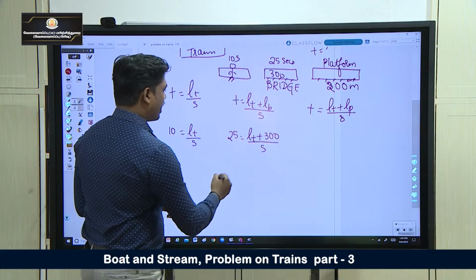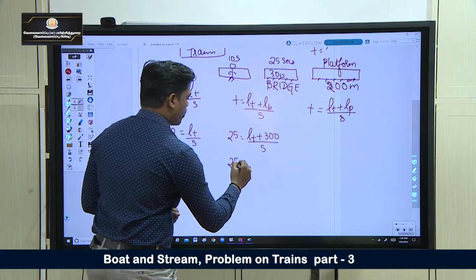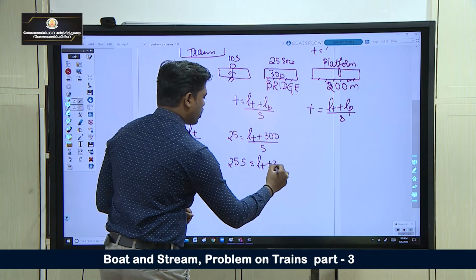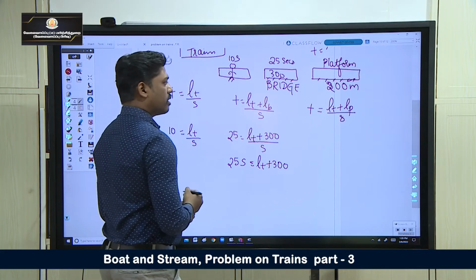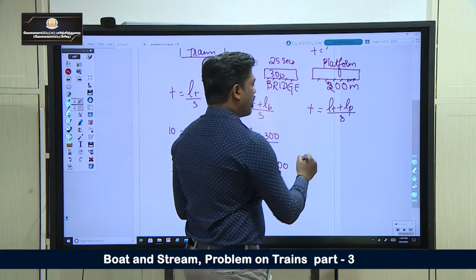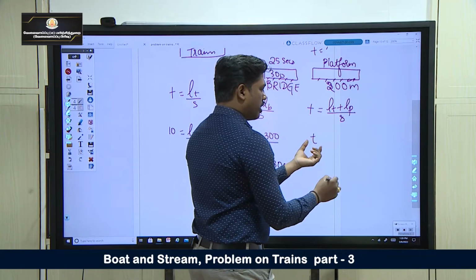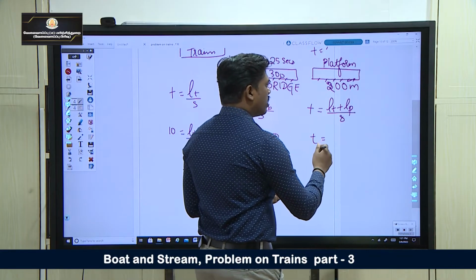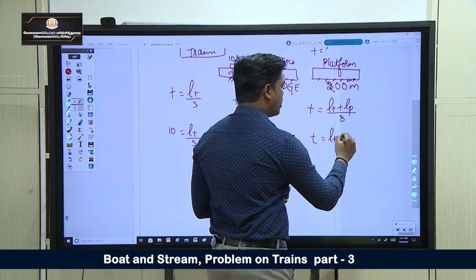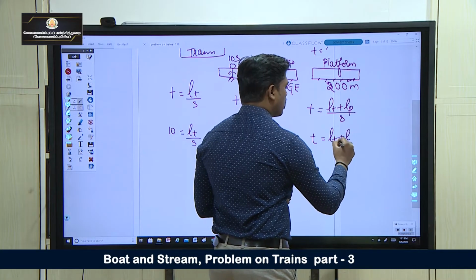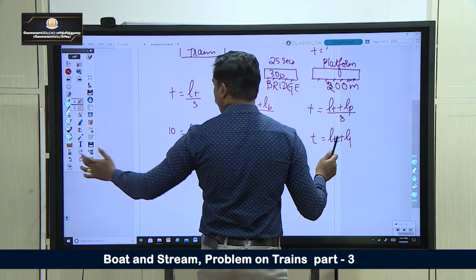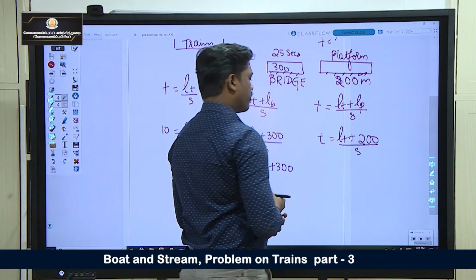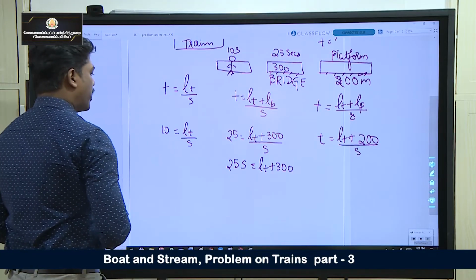So 25s is equal to length of train plus 300. Now coming here, in how many seconds it will cross the platform of length 200. So length of train plus length of platform, 200 meter, divided by speed of train. Okay. So what we can do here?